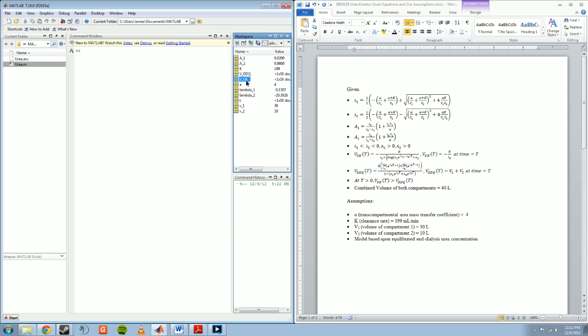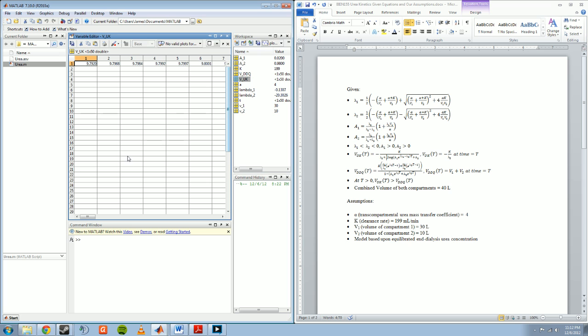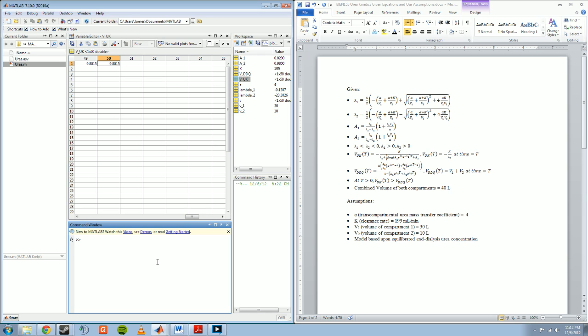Double-clicking the vector corresponding to the urea kinetic model, we can see that the value at time t is equal to 9.8. Using the command window, we can also see what our calculated value is for negative K over lambda 2, which is also 9.8. So we satisfy that condition.